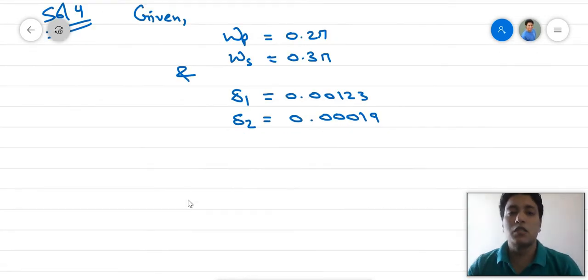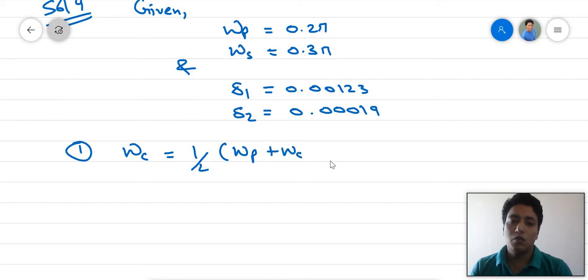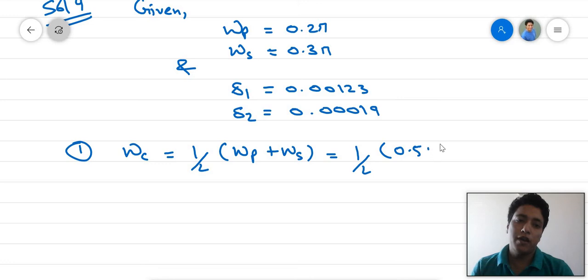We will use these specifications to find out first omega c, that is equal to half of omega p plus omega s, which is half of 0.5 pi, equal to 0.25 pi.